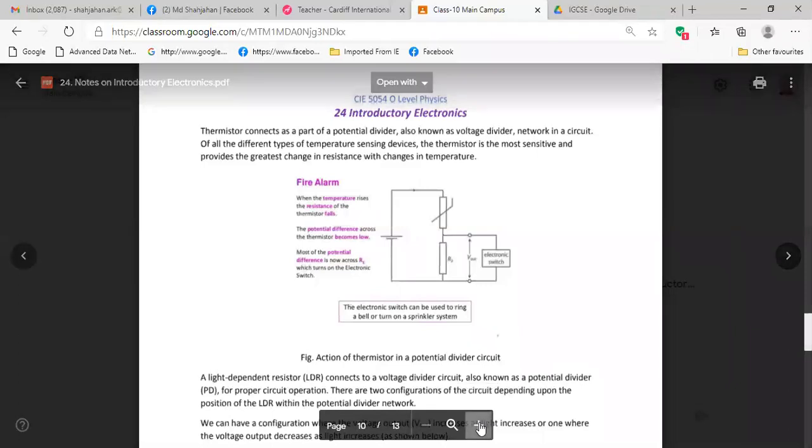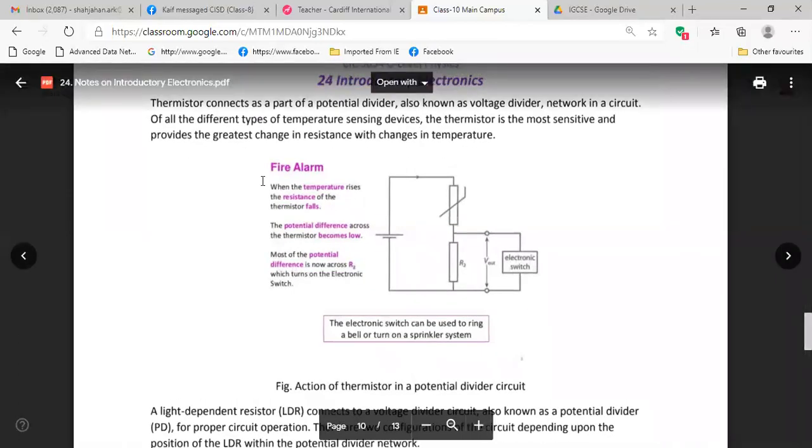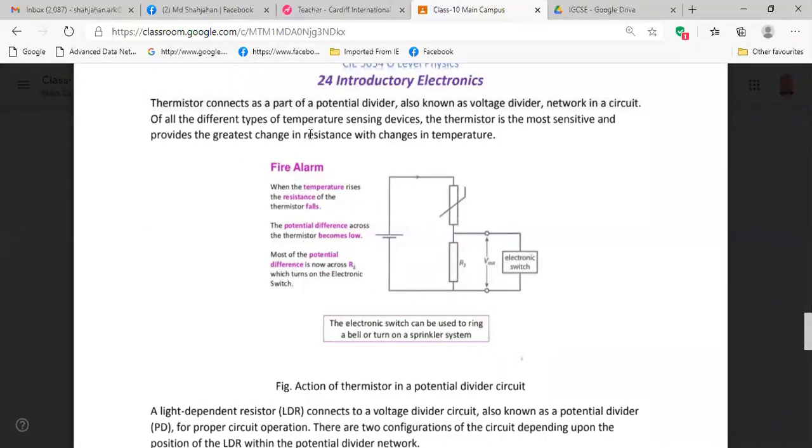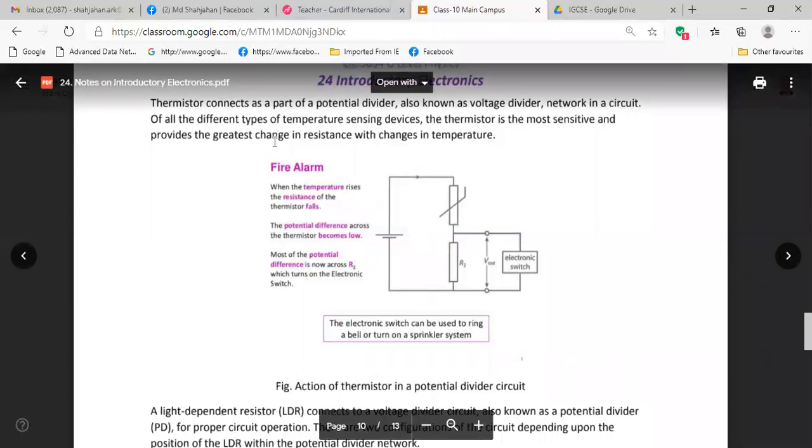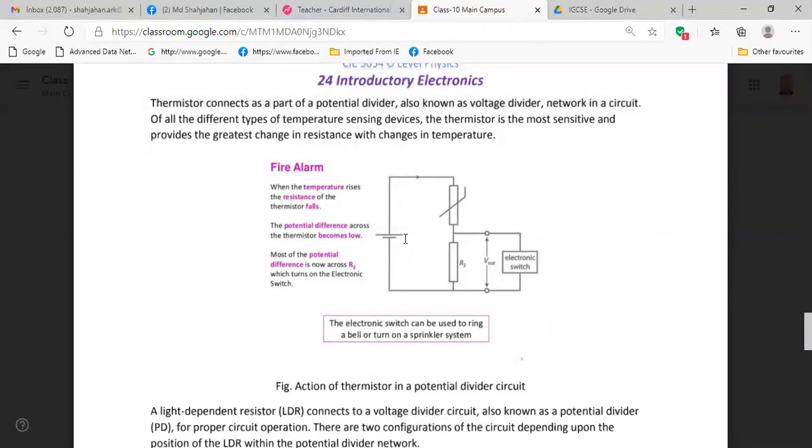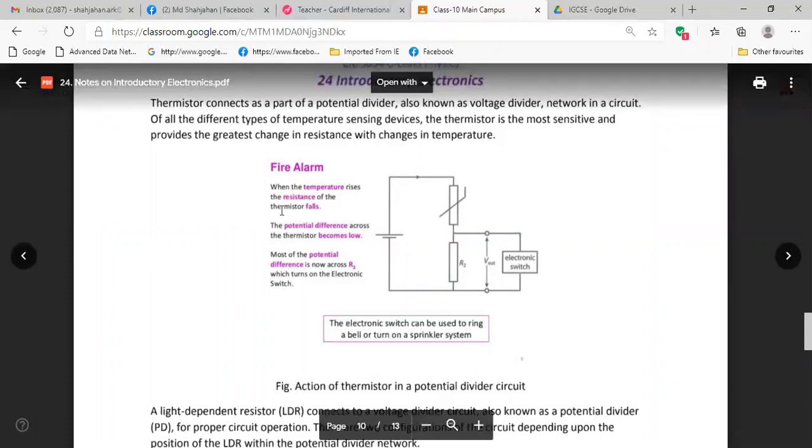After writing application of potential divider, you just draw this circuit. After drawing this circuit, if you have space on the right or left, you write these 3 steps.